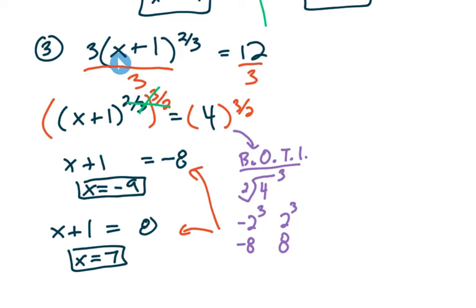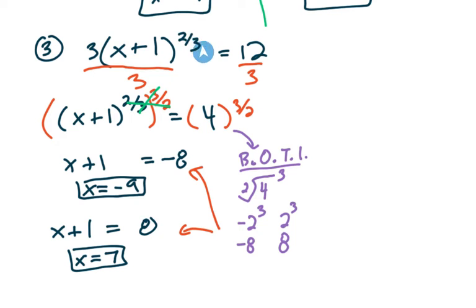So when we plug in 7, 7 plus 1 is 8. 8 to the 2/3 power, cube root of 8, is 2. Squared is 4. 3 times 4 is 12. Now if we try the negative 9, negative 9 plus 1 is negative 8.